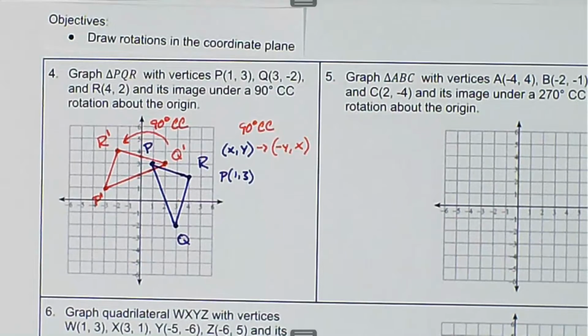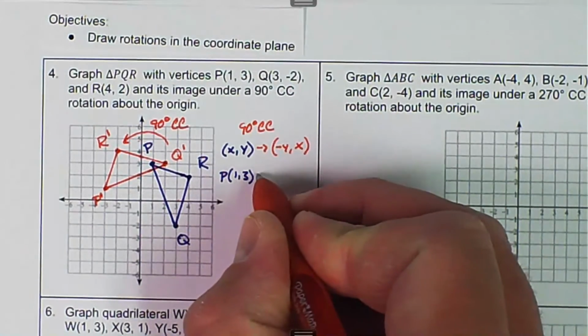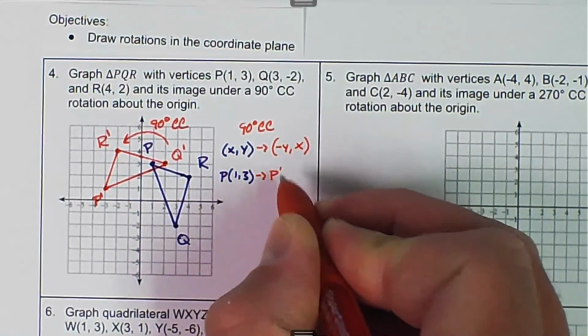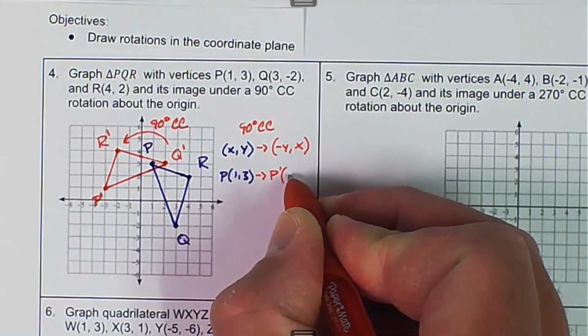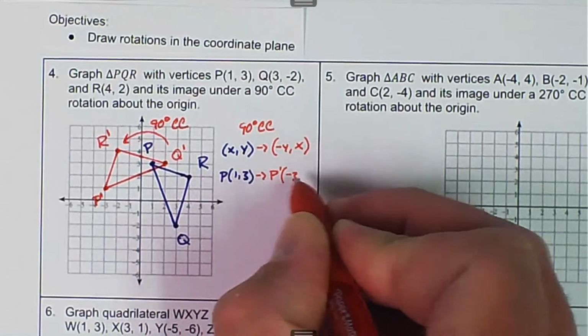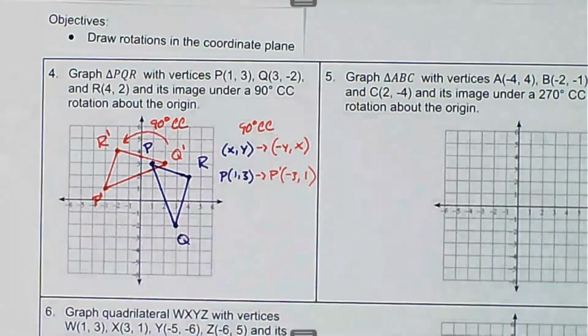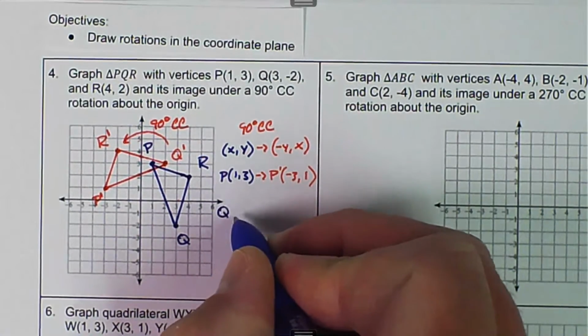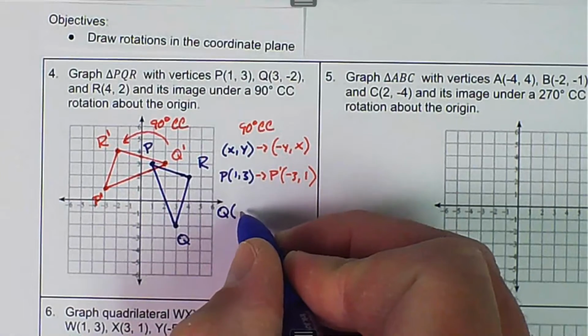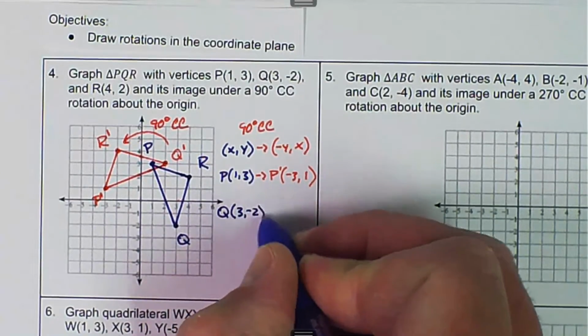And if you wanted to use the coordinate rule, then for P prime, it would be negative the y value, so that becomes -3. And our new y value is just our old x value. Then we have Q, and the coordinate of Q is 3, -2.